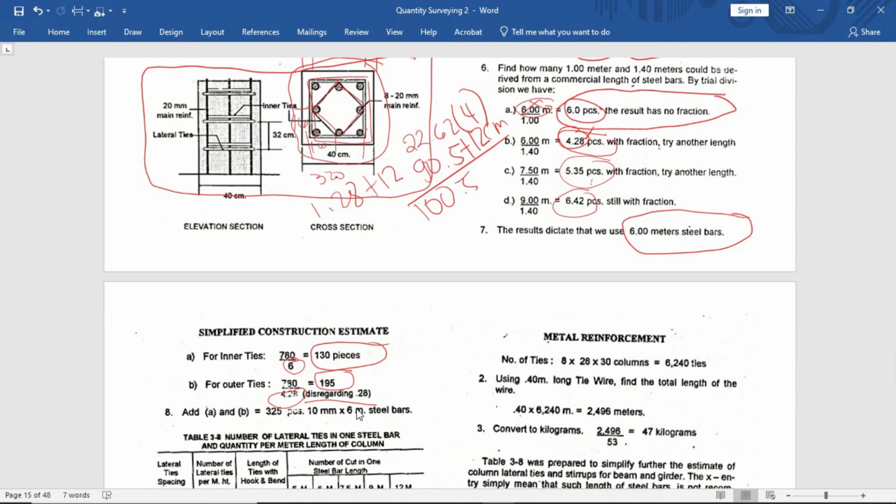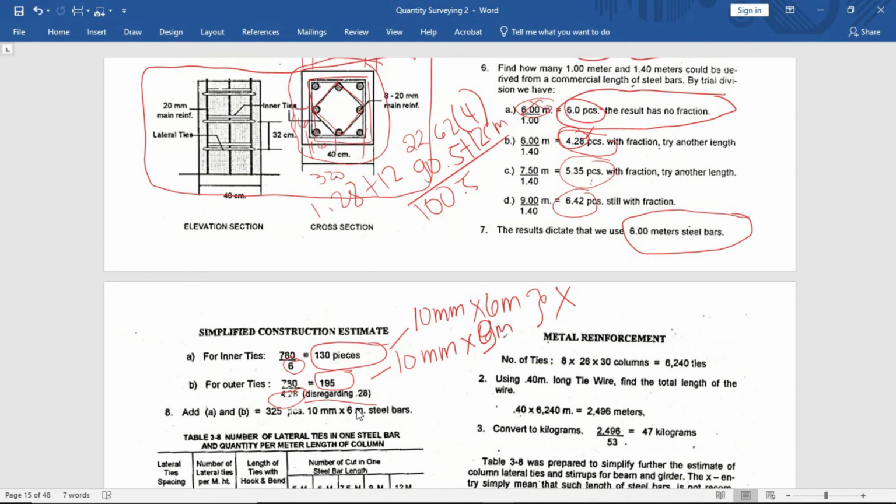Since yung inner tie natin is 10 mm by 6 meters, at ito rin ay 10 mm by 6 meters, i-combine lang natin. Pero in an instance na, for example, yung outer tie natin is 9 meters, hindi natin i-combine yung dalawa, kasi magkaibang length, magkaibang price yan silang dalawa.